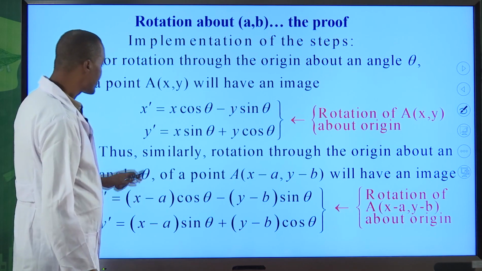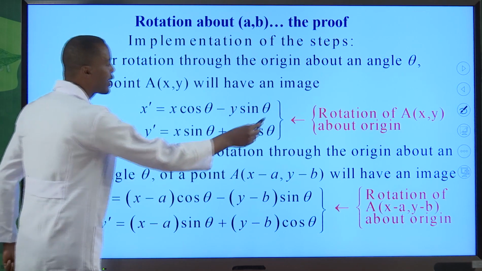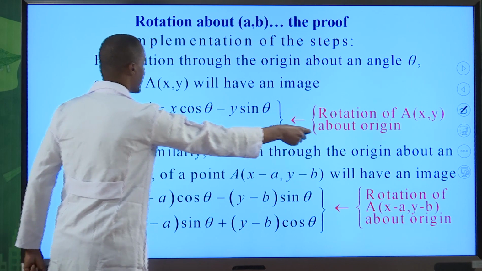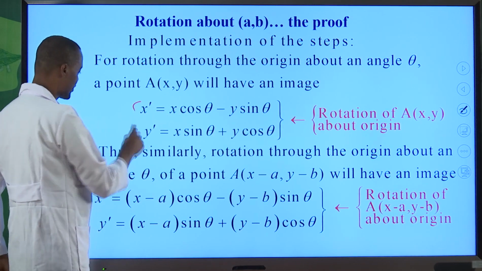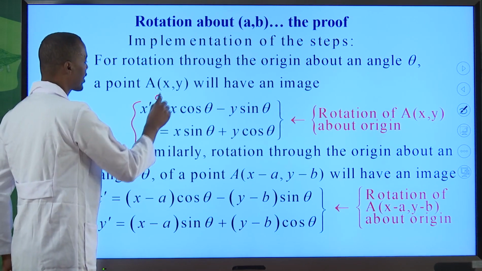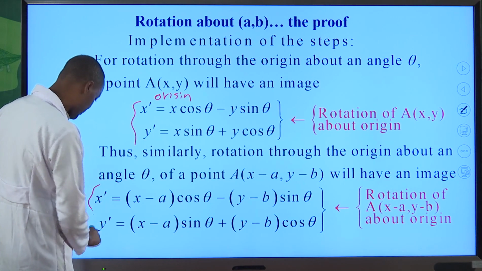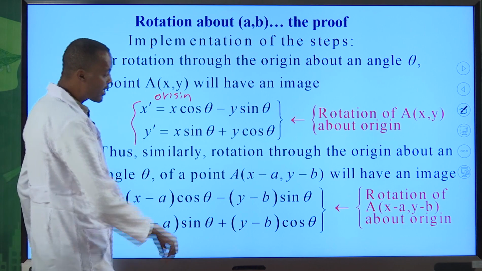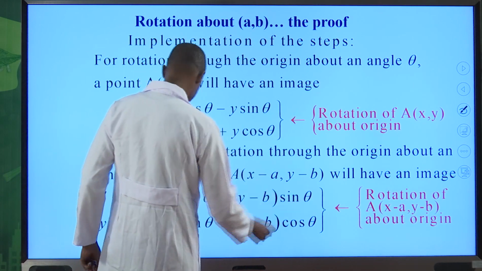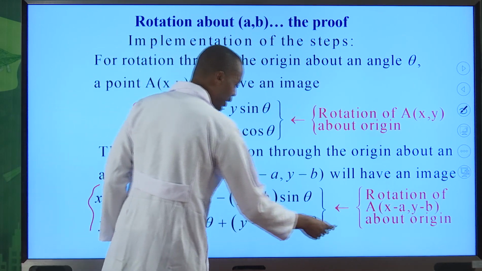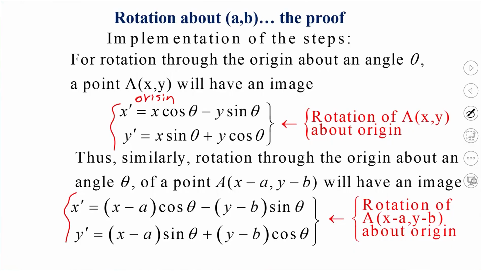And then these are the two formulas in comparison. If you are making a rotation about the origin, you will take this formula, that is about the origin. And this formula is about any other point. Of course, this one is for the rotation of this point x minus a, y minus b about the origin again, because I'm using the second step.